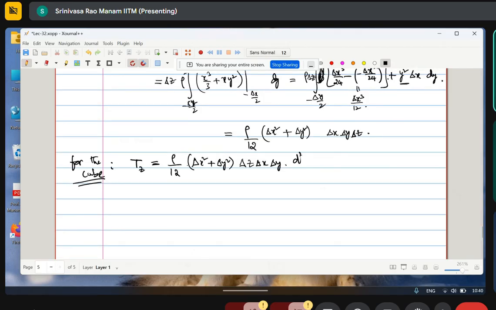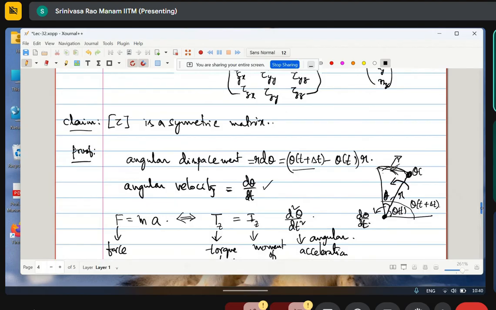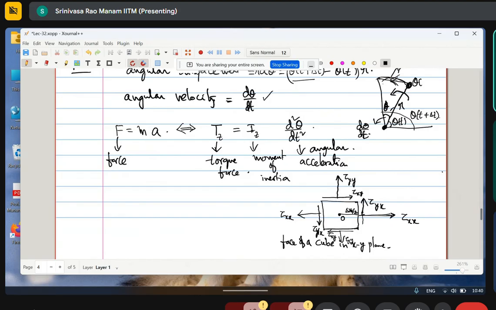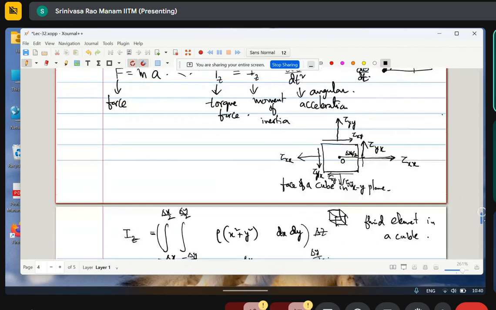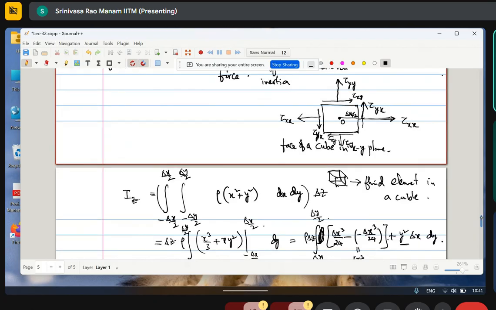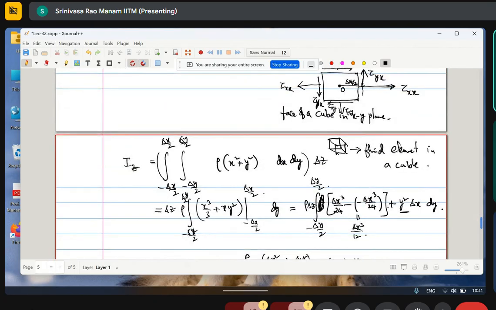Acceleration, that is, you have d square theta by dt square. That we have, right? F equal to ma, where d square theta is as I wrote here. This is for the full cube. So your fluid element is actually this only.